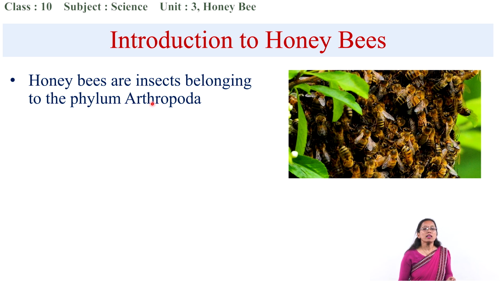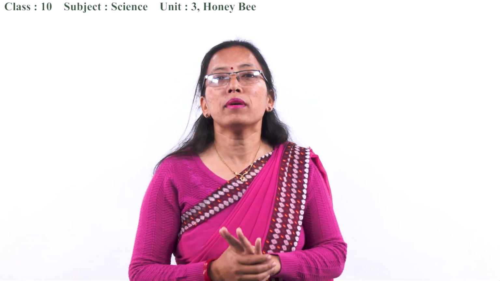These honeybees are insects belonging to the phylum Arthropoda. We have discussed classification in a previous class where we classified the different kinds of organisms. There are 9 different phyla we have discussed. Out of that, they belong to Arthropoda. What are Arthropoda? Yes, you know that arthro means jointed, poda means legs.